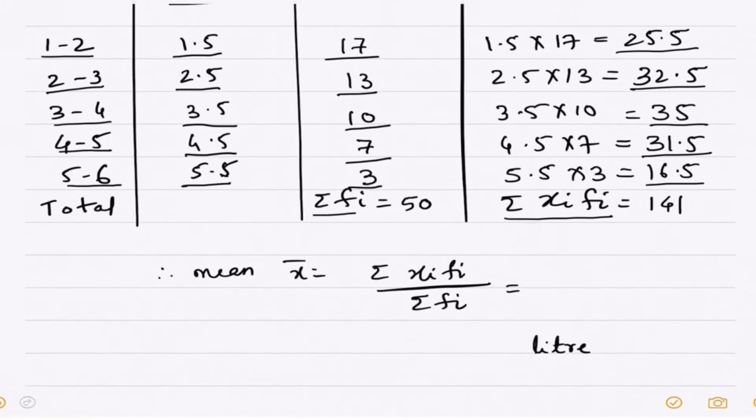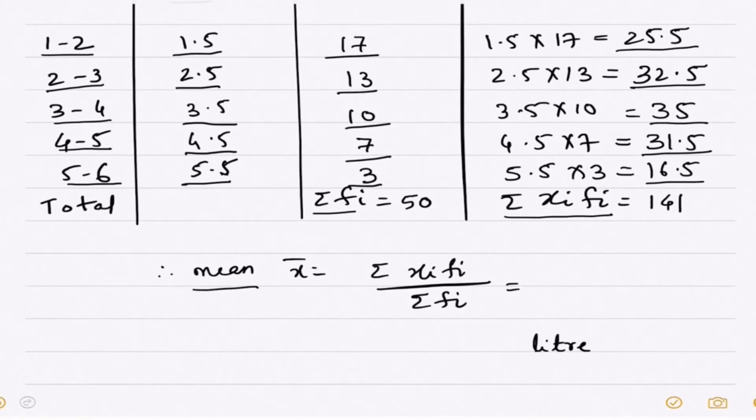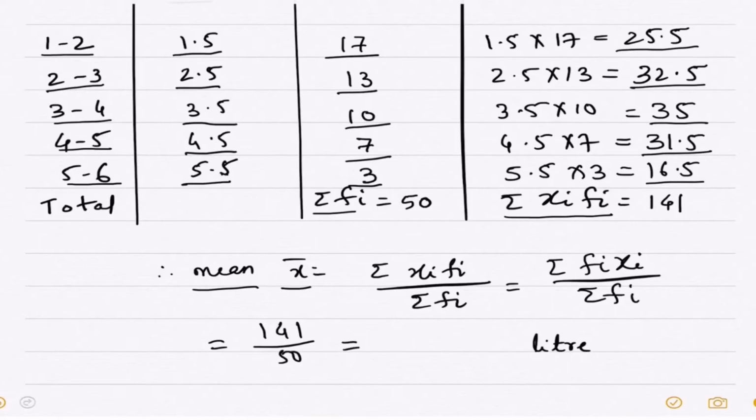So now the mean, denoted by x bar, is sum xi fi upon sum fi. Some people write it as sum fi xi upon sum fi, which is the same. After substitution we get 141 by 50, which gives us the answer as 2.82. As the unit is given as liters, the answer is mean x bar equals 2.82 liters.